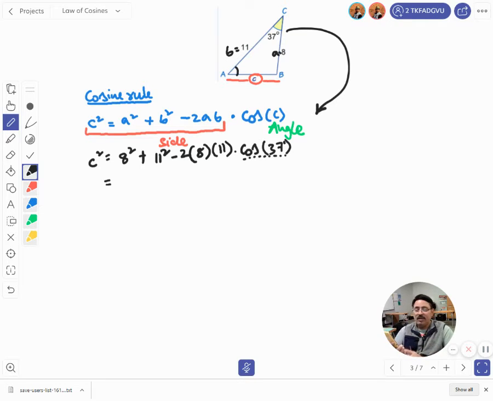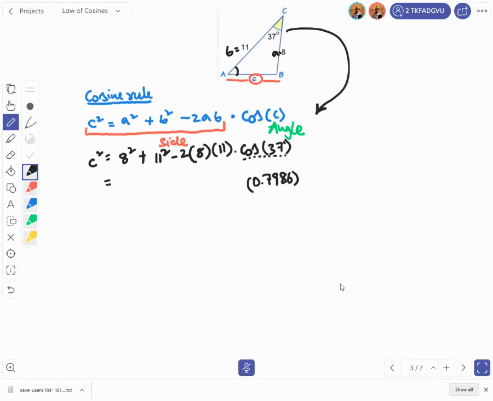You may use other tools like the Desmos online calculator. So cos 37 gives me 0.7986. After the decimal, two digits are sufficient, but if you want, you can take the third and fourth digits too.